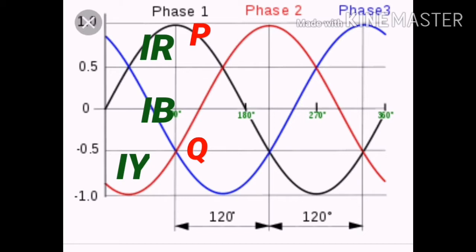That's why the sum of all three currents through the neutral conductor is 0. IR, IY and IB, the sum of these three currents is 0. This condition is true at any instant on these waveforms.